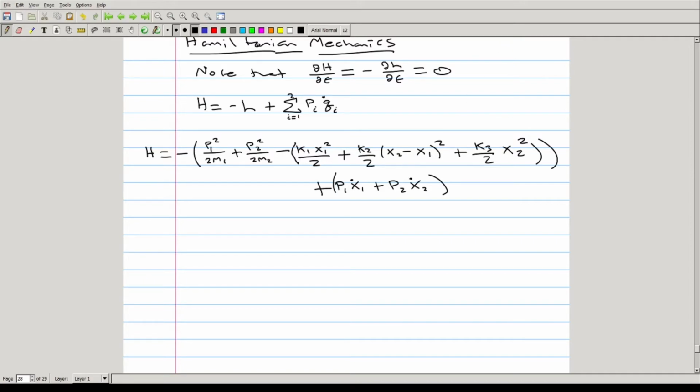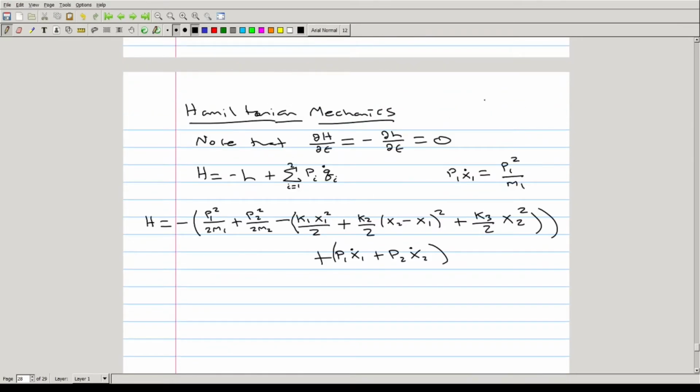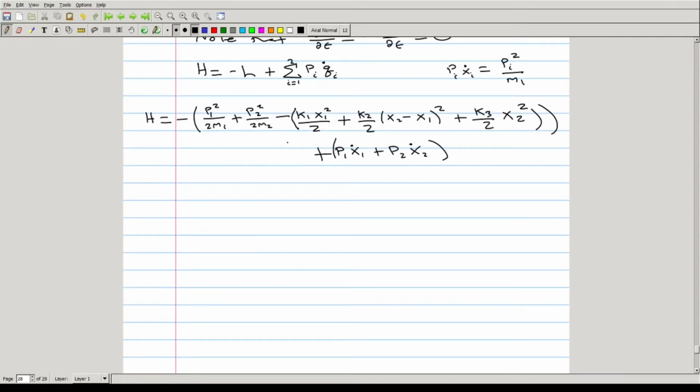But we note that p1 times x1 dot is the same thing as p1 squared over m1 using the relationship for the generalized momenta. And this is true for both of the generalized momenta in this example.